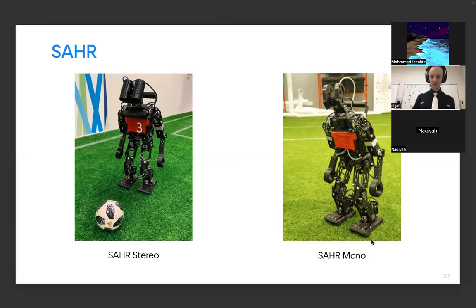It has 2 rolls for hip and ankle, and it has 1 yaw that is rotating the whole leg. So we have 6, 6 for the legs, 3, 3 for the arms, and it has also this degree of freedom, and this degree of freedom. In total, it's 20 degrees of freedom for a single robot.